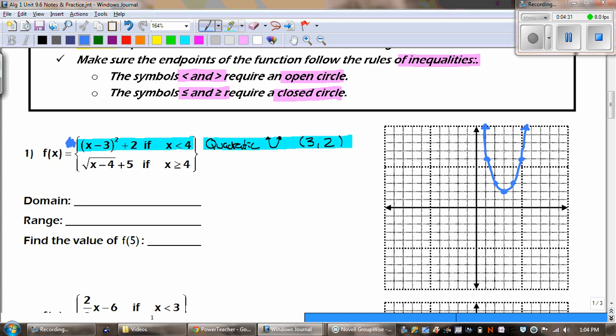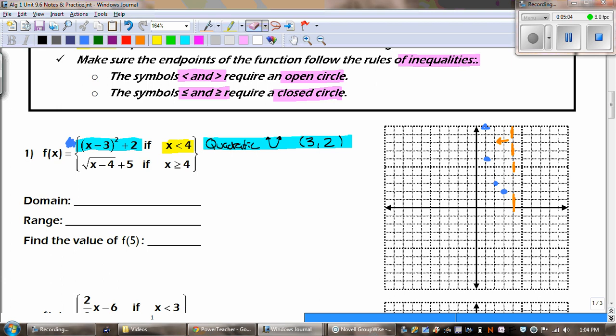But we need to pay attention. This is what we did, and here is our constraint: x is less than 4. So at 4 right here, I'm drawing my little line. I want what's less than that, and less means everything to the left. So I don't need that point.